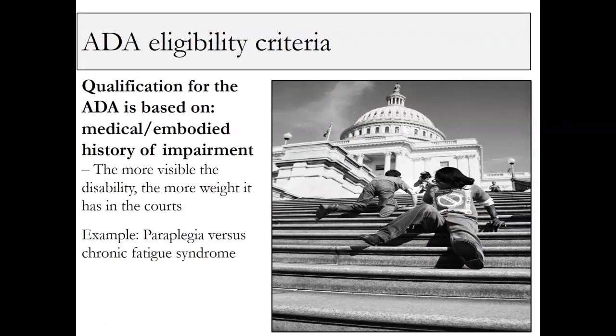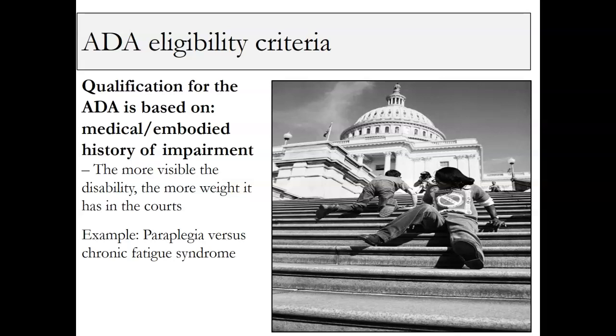ADA eligibility criteria is based on medical, embodied history of impairment. This is where a lot of the controversies come. You may recognize this from the CRIP camp. This is when a lot of disabled people were doing these movements to get the Rehab Act and the ADA. But getting back to the ADA, as it was passed and how it's written, if your disability is more apparent and obvious, you're more likely to fit under the ADA.